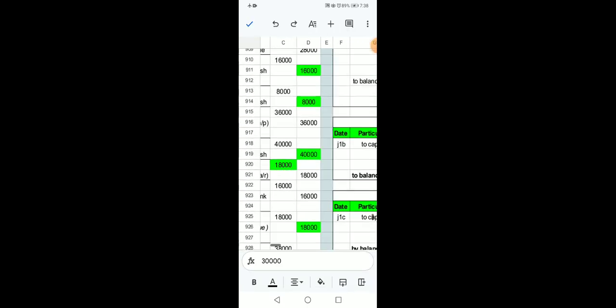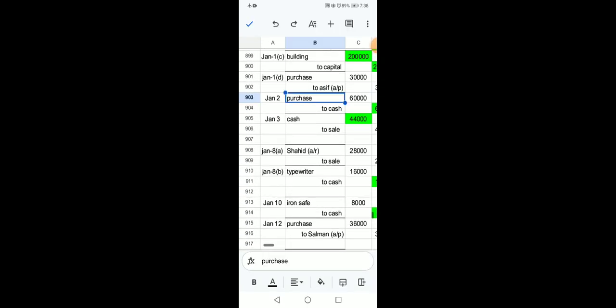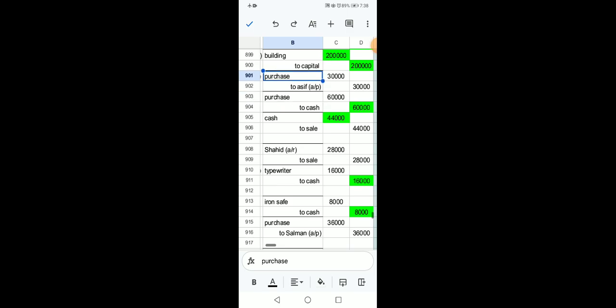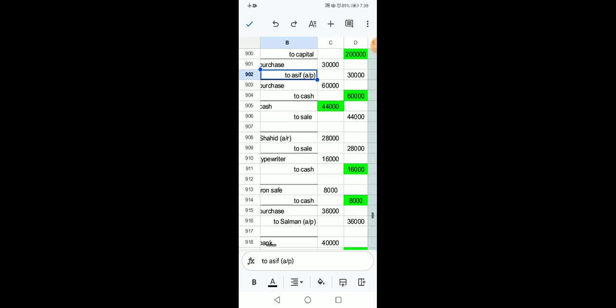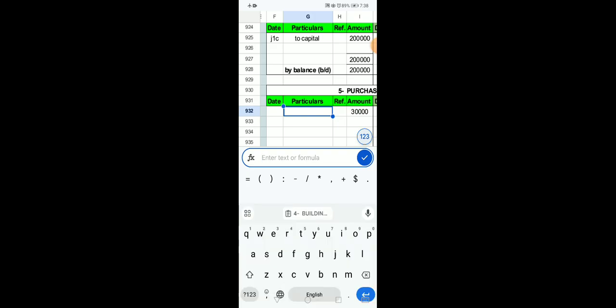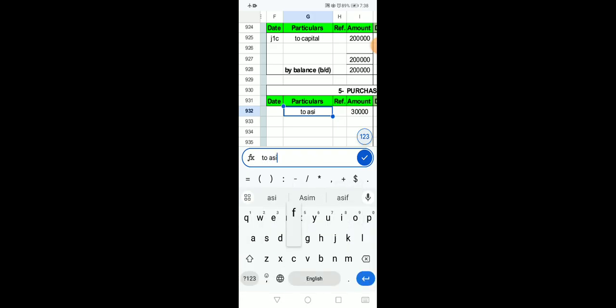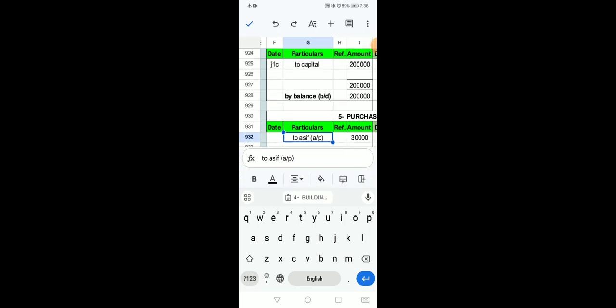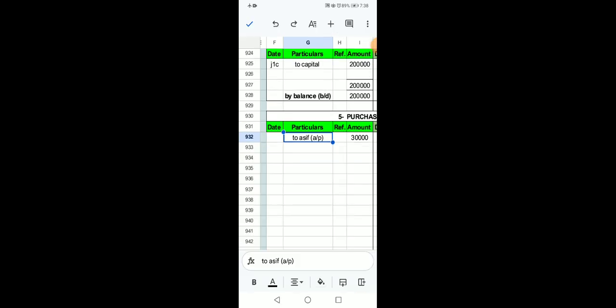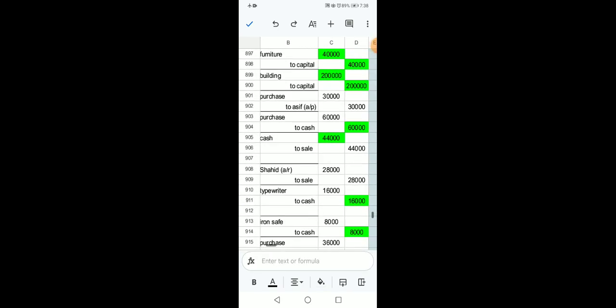It's time to see the reference. This was purchase, with 30,000. What is written on the opposite side? It's Asif, account payable. So you are going to write To Asif, which was your account payable, in the particular column as your reference for 30,000. So this was your 30,000 entry.